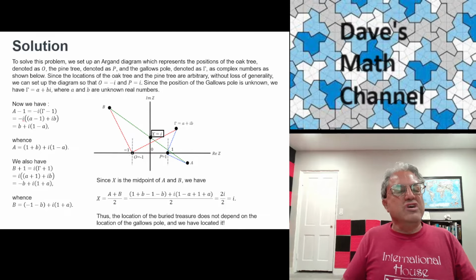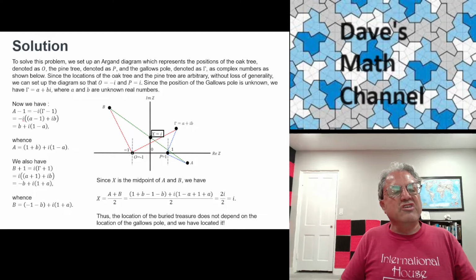Remember, gamma plus 1 is the vector starting at the oak tree and ending up at the gallows pole. So we multiply that by I and we get B plus 1. So you can solve for B plus 1. I did it here. You end up with minus little b plus I times 1 plus little a. And now you just have to add 1 to that to get B. So you get B equals minus 1 minus b plus I times 1 plus a.